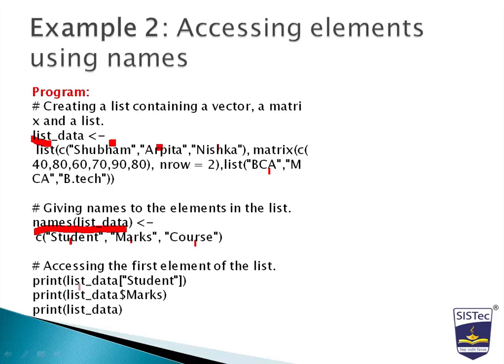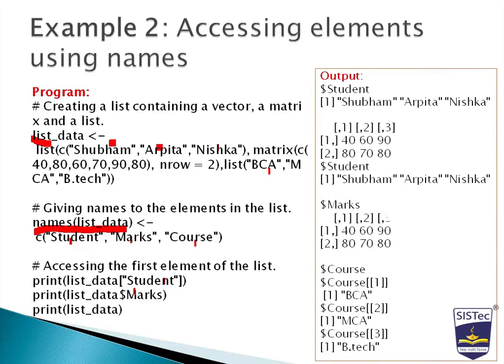And here we are going to display with their names. We are going to first print the students followed by the marks. Let's have a look at the data. When we talk about the students, it displays the students. Then we display the marks.